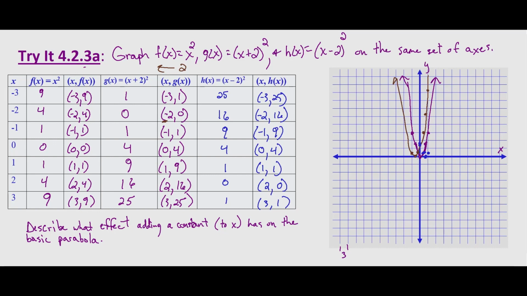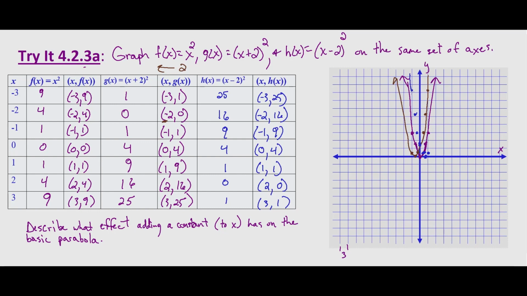At -1, we're at 9. At -2, we're at 16, so 3, 6, 9, 12, 15, 16. And at -3, we're at 25, so -3, and then 3, 6, 9, 12, 15, 18, 21, 24, 25.